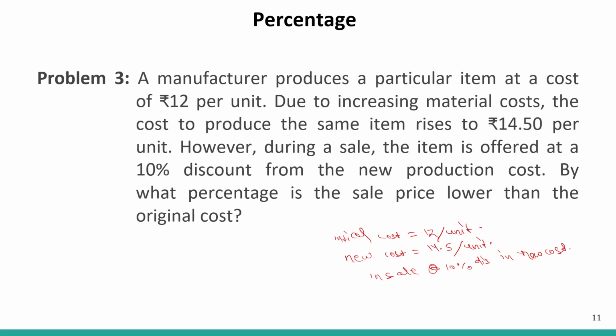By what percentage is the sale price lower than the original cost? So let's see. The initial cost is 12 rupees per unit, and the new cost is 14.5.